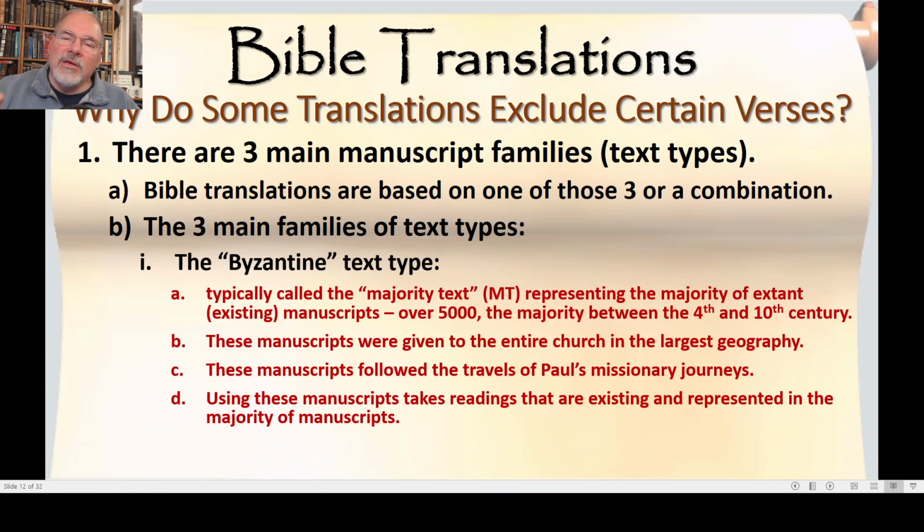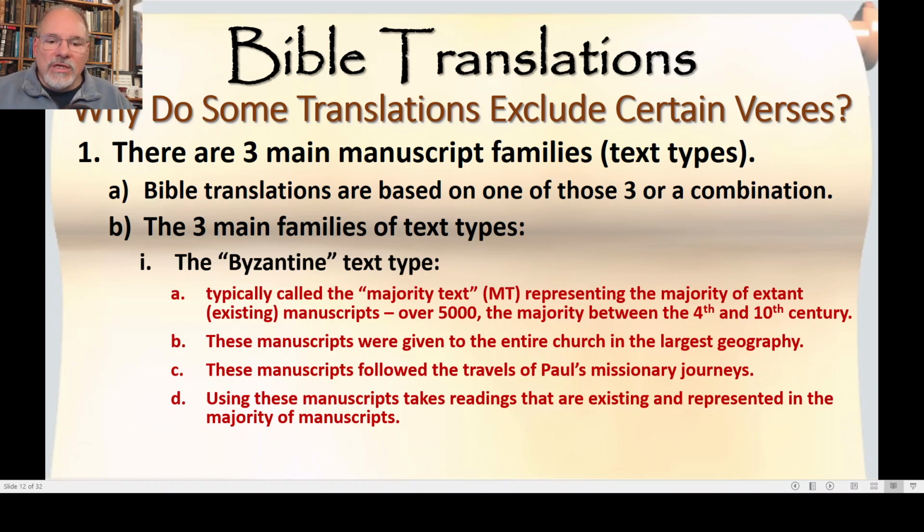And we'll get into this in a minute, but the way they figure out what the majority text is, because you can't go into over 5,000 manuscripts to make a translation. It's not possible, right? You can't even really do it with a half a dozen or a dozen.